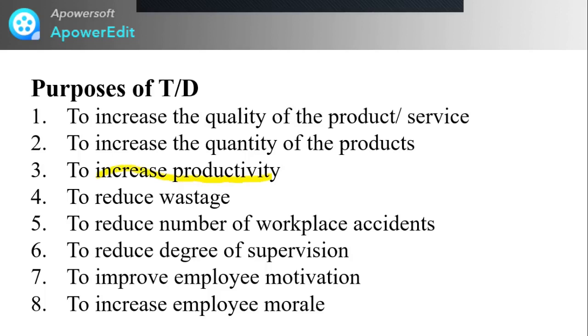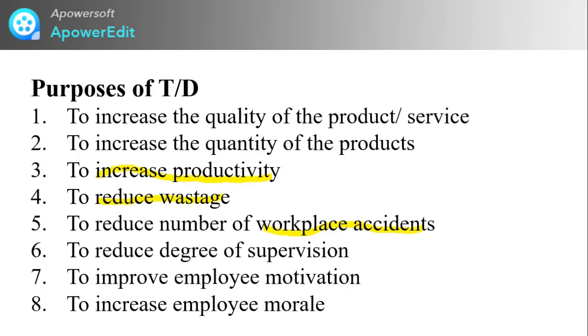In another way, training and development leads to reduced wastage and defects, and to a reduced number of workplace accidents. When you handle a machine inappropriately, there may be an accident.